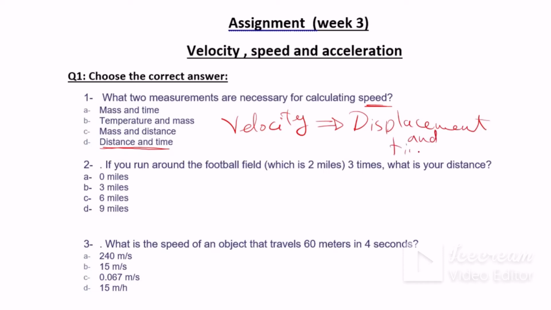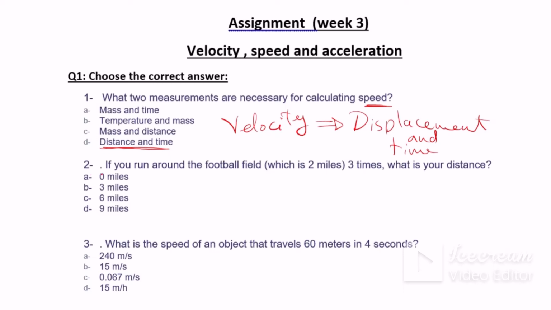Velocity is a vector quantity, so we want a direction and the magnitude. Displacement is also a vector quantity, but distance is a numerical quantity, just magnitude. This is the scalar quantity, guys.